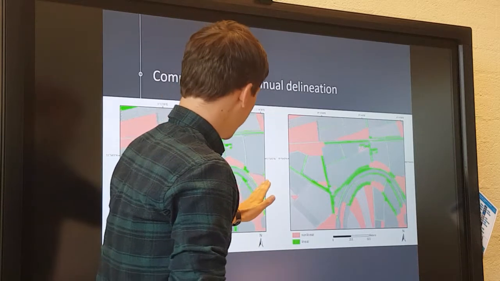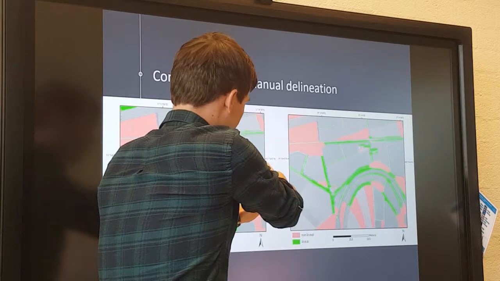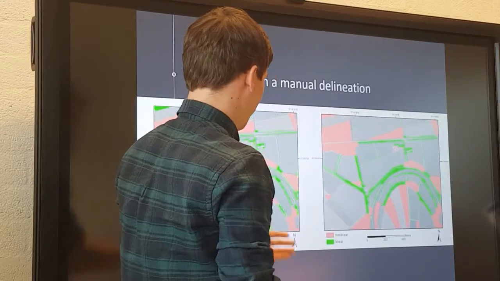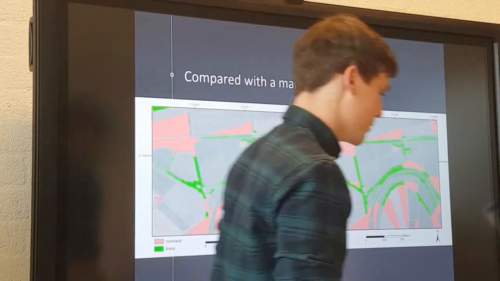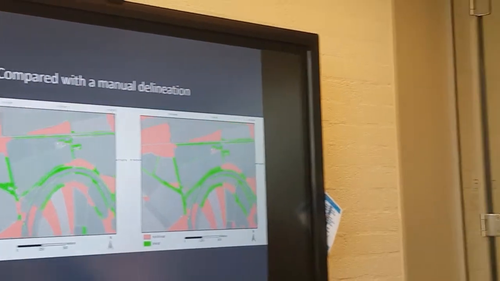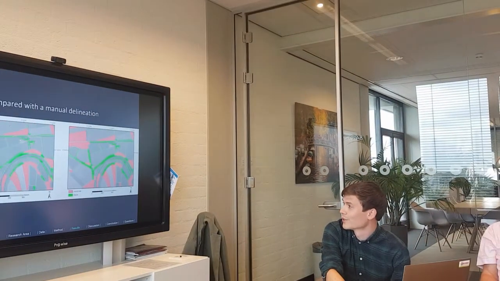So these are linear like this, but they don't get merged because they're not facing the same direction. So that's why you get a big patch that's not linear. So there are definitely some errors, but overall I would say, based on these pictures, I could quantitatively say quite well.